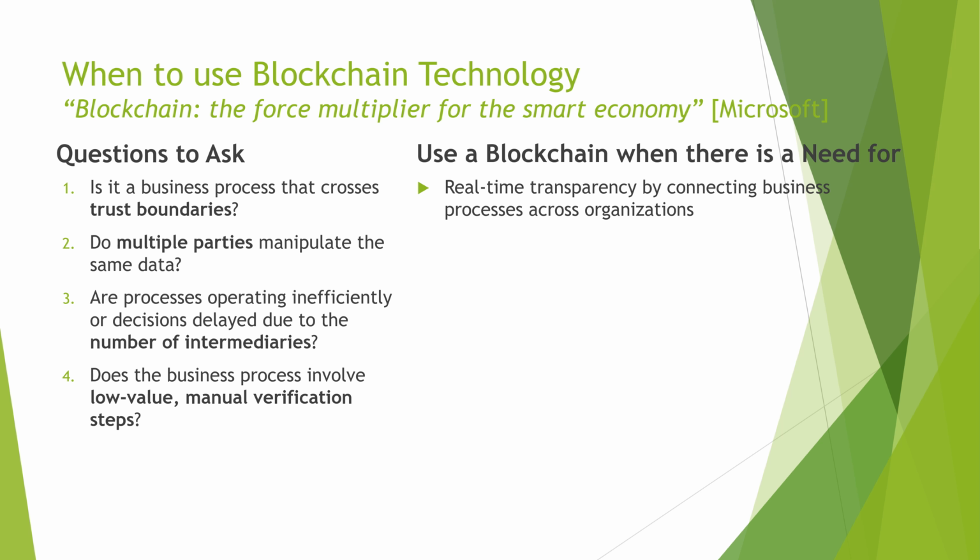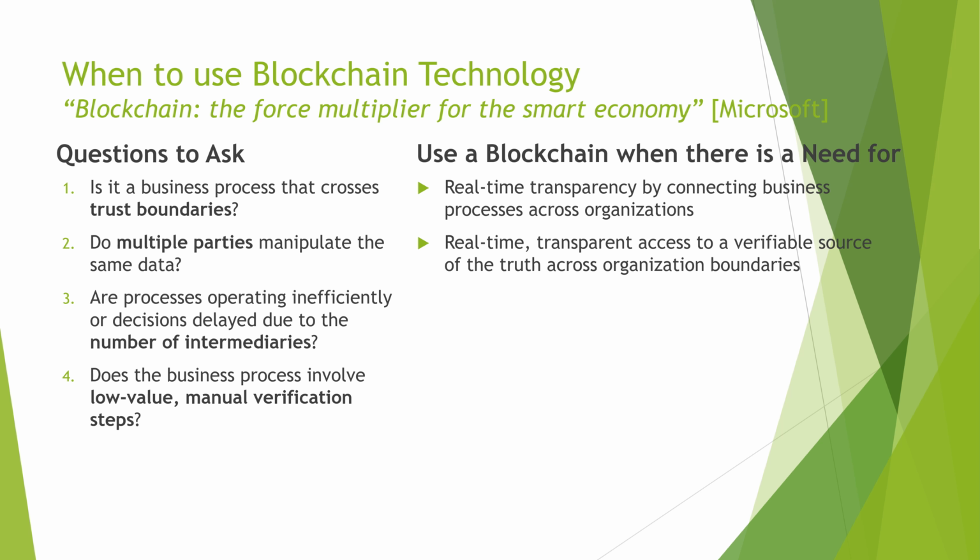So use blockchain technology when there's a need for real-time transparency by connecting business processes across organizations, by spanning these trust boundaries. When you want real-time and transparent access to a verifiable single source of the truth across organization boundaries.